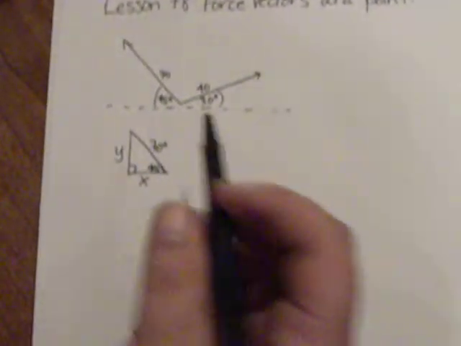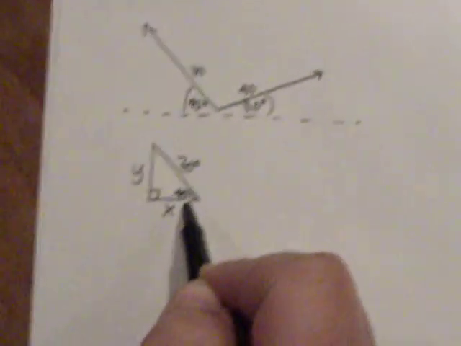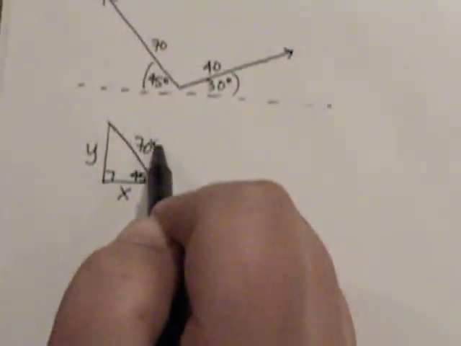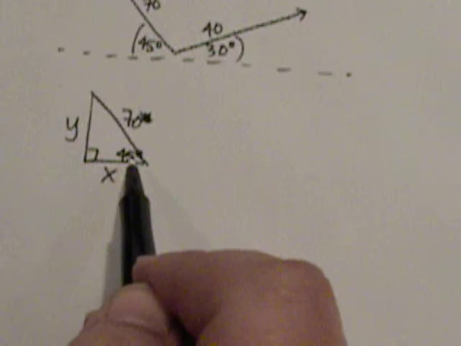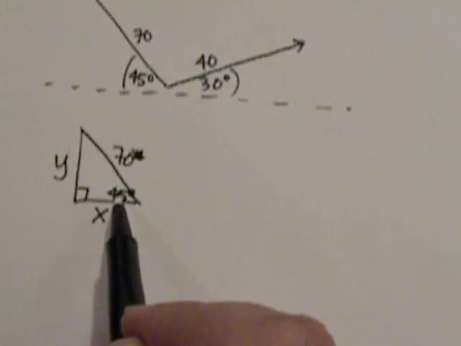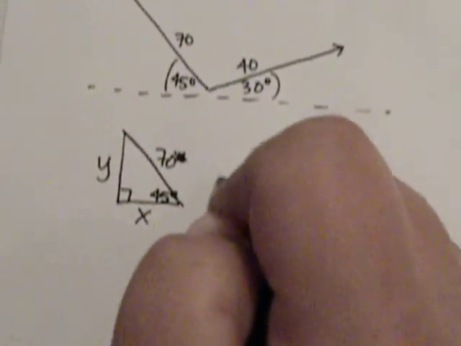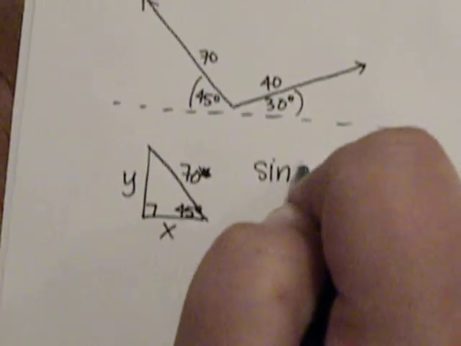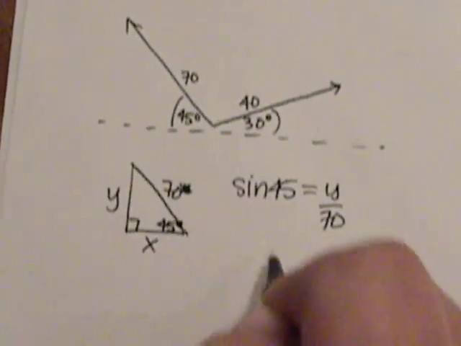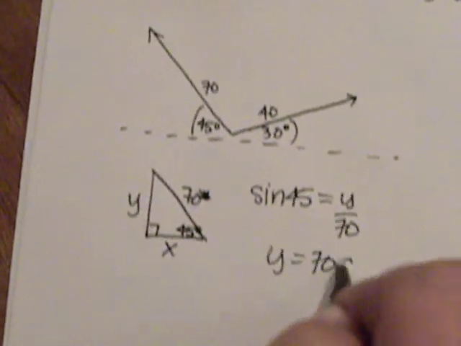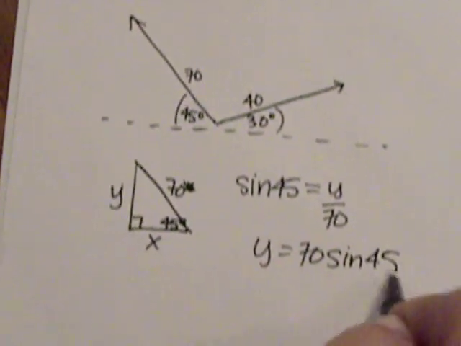You've done this a million times before. That's not 70 degrees, it's 45 degrees. Opposite over hypotenuse is going to be sine, so sine of 45 degrees is y over 70, so y is 70 sine of 45.